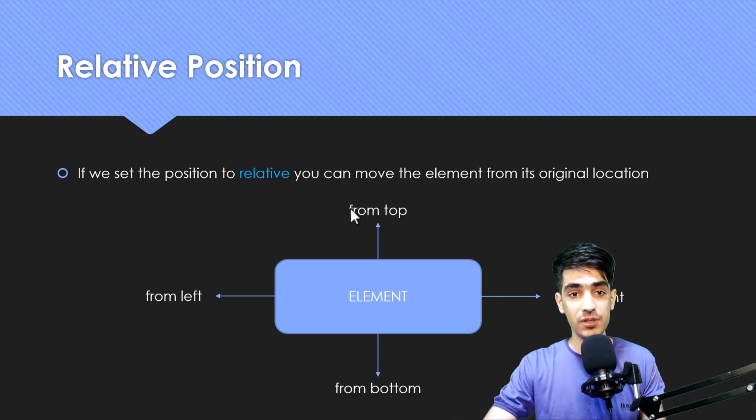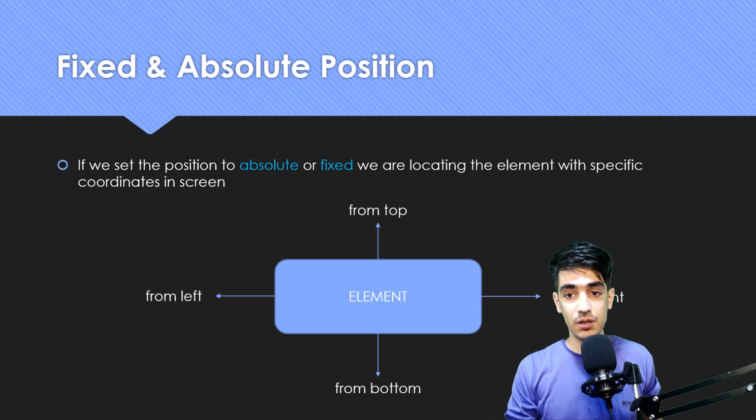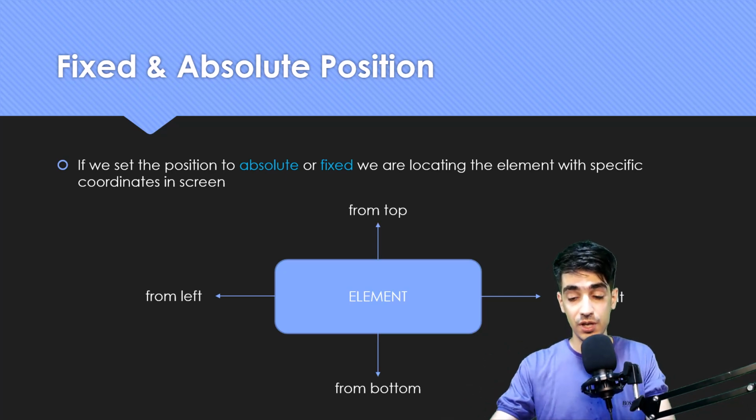For example, if we set the position to relative, this top, right, left just relocates that element from its original location, okay? But if we use fixed and absolute, we saw that we can specify the coordinates of that. For example, top, right, 0, it's just from the whole document that we just saw, okay?